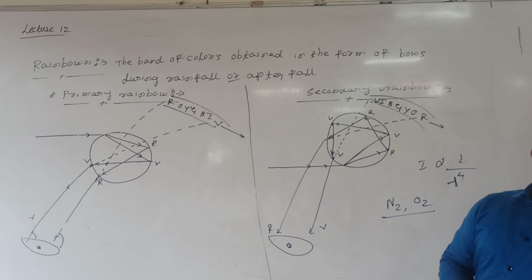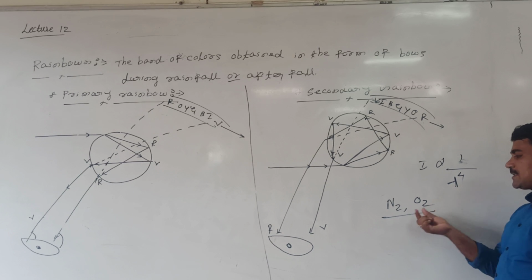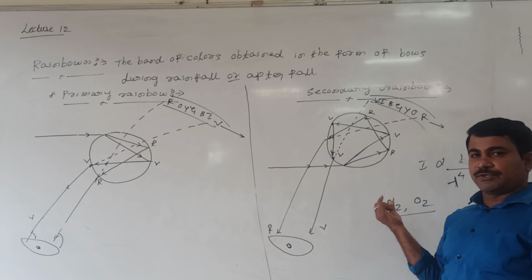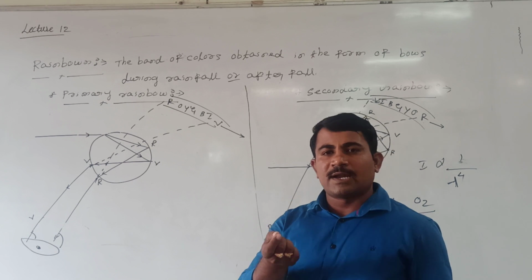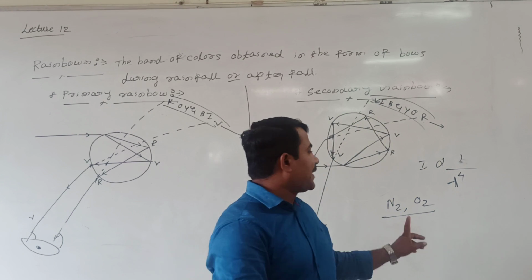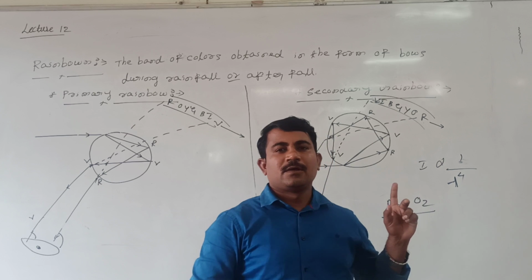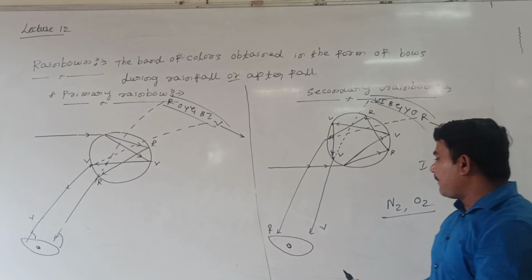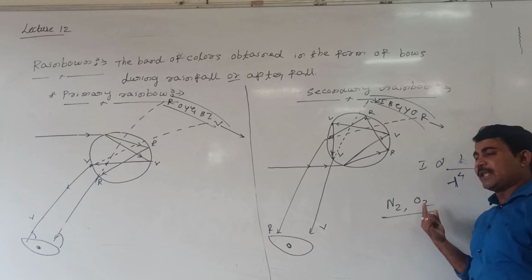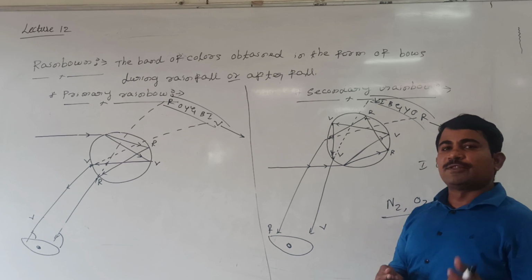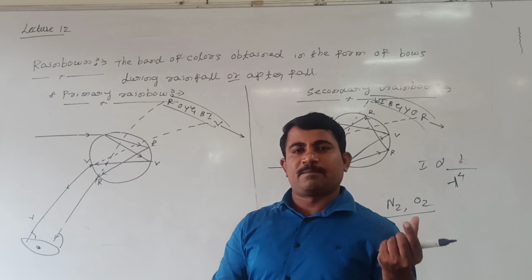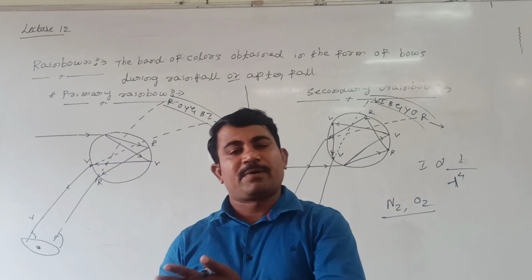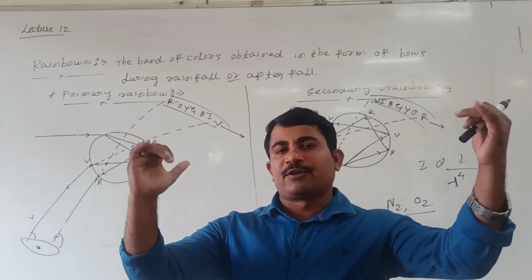I mean, among all colors, the wavelength of blue is comparable to the molecules of nitrogen and oxygen, so the blue color is most scattered by nitrogen and oxygen. Due to this reason, the sky appears blue.